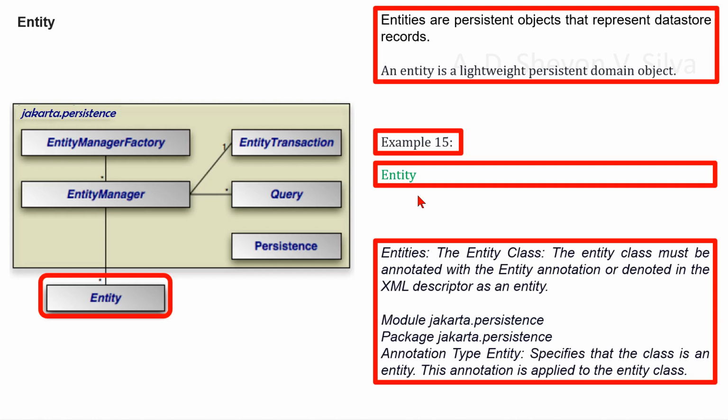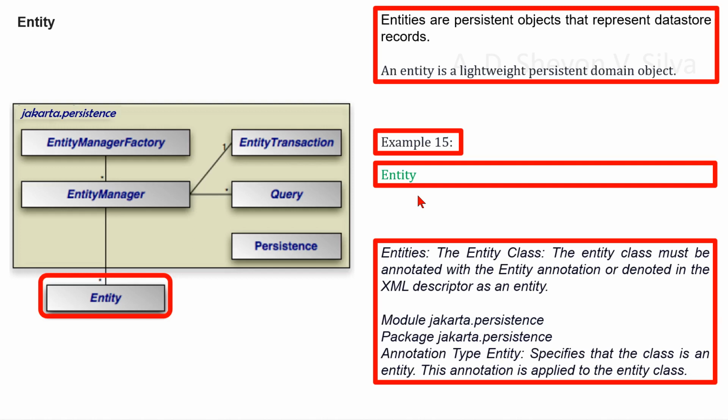Entities support inheritance, polymorphic associations, and polymorphic queries. Both abstract and concrete classes can be entities. Entities may extend non-entity classes as well as entity classes, and non-entity classes may extend entity classes. The persistent state of an entity is represented by instance variables, which may correspond to JavaBeans properties.